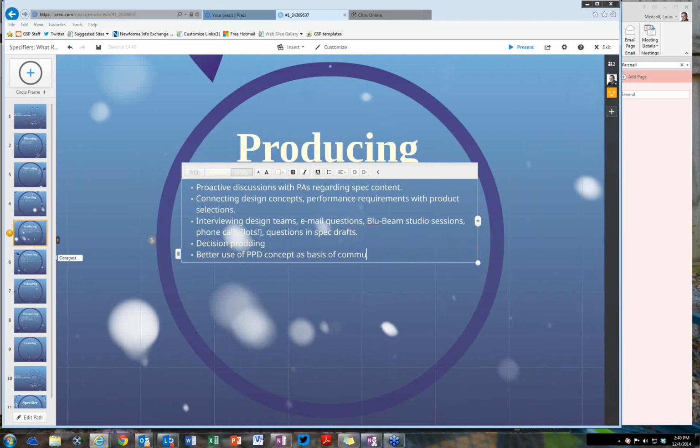And also, David and I are co-chairing the task team for CSI and CSC that is preparing an update to PPD format. And if anybody has some ideas or suggestions, feel free to send those to us.